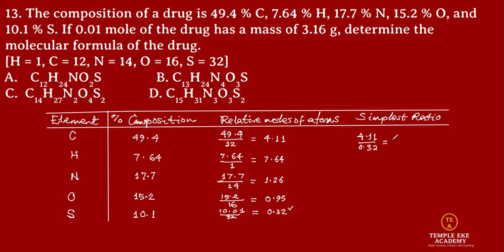This gives us 12.84 to 2 places of decimal. Now we're going to divide the next one, 7.64, also divided by the smallest, which is 0.32. And this gives us 23.88.